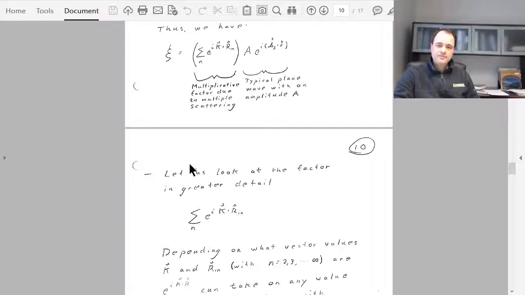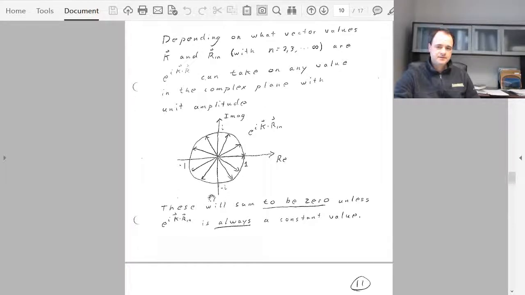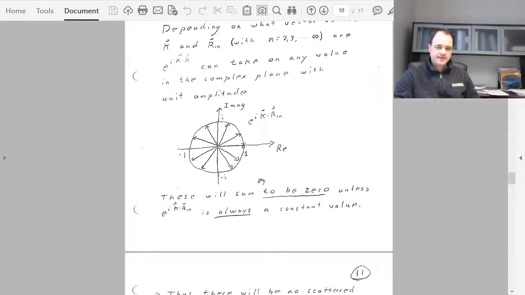If that were 0, then you would have a 0 here, and you wouldn't have any scattered wave coming out. All right? So for any old k, unless you're very careful, you will have no scattered wave coming out. All right? So that's what I say right here.